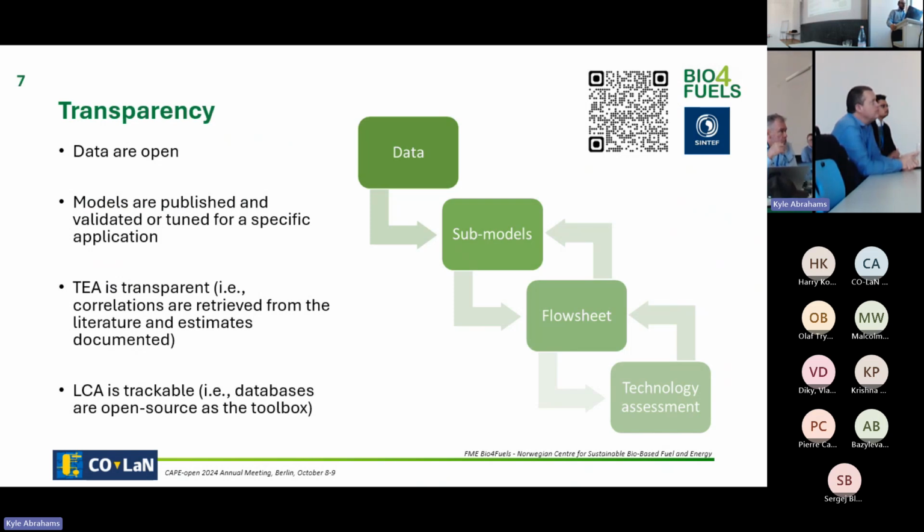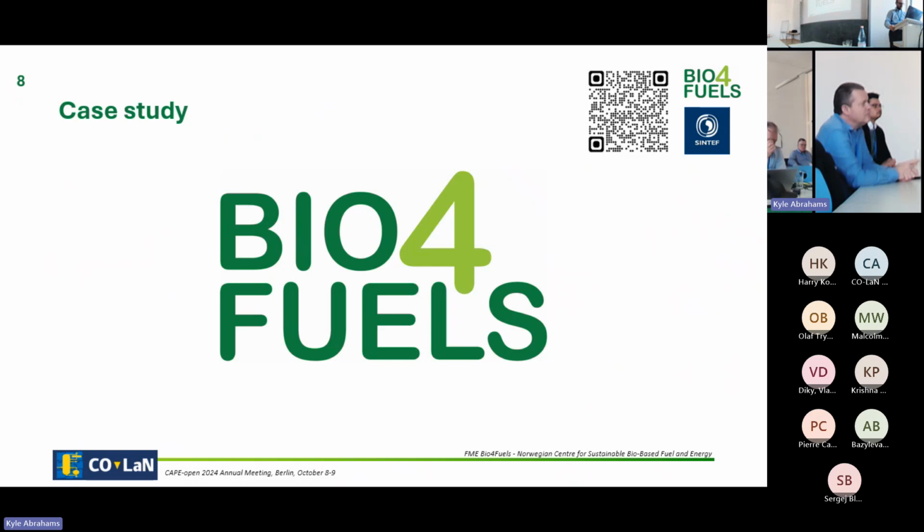So essentially we are using literature models to estimate the cost, and in this way the numbers are not coming from a random selection of numbers from a box, but there is a transparent procedure for how we make it, and also the root cause analysis is trackable, because sometimes you read some papers in the literature and you say, okay, this is not completely transparent. I don't understand where the numbers are coming from.